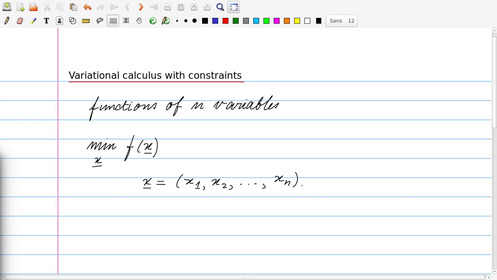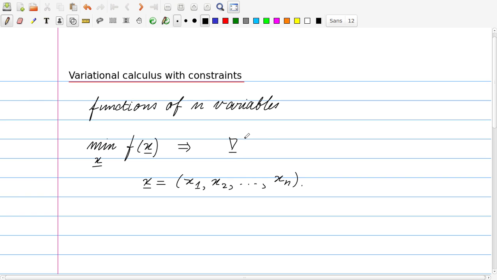We first consider variational calculus with constraints for ordinary functions depending on n variables. So first of all we leave out the constraints and we have an unconstrained minimization problem of the function f depending on the vector x, which is an n-component vector, and we find the minimum by taking the gradient of f.